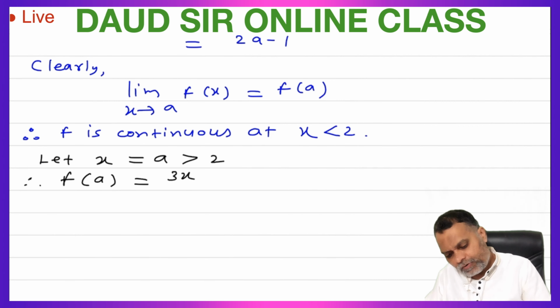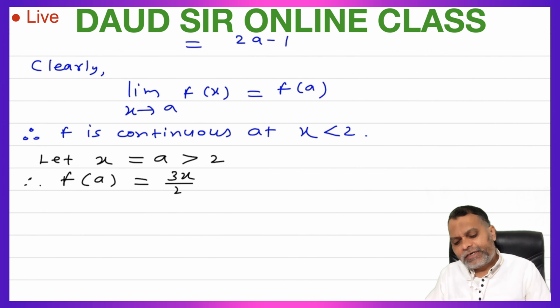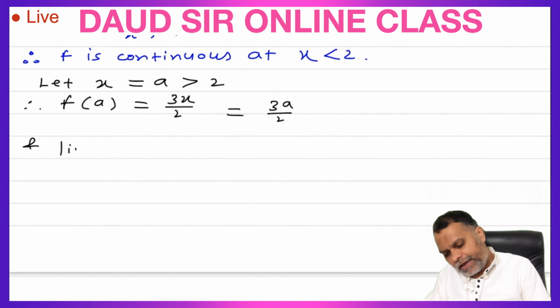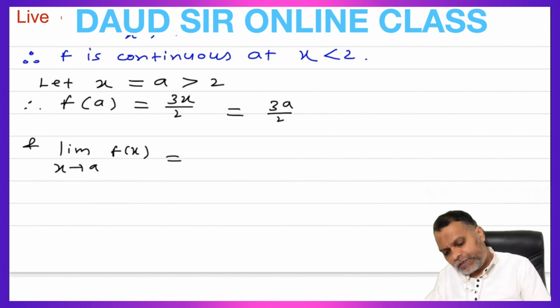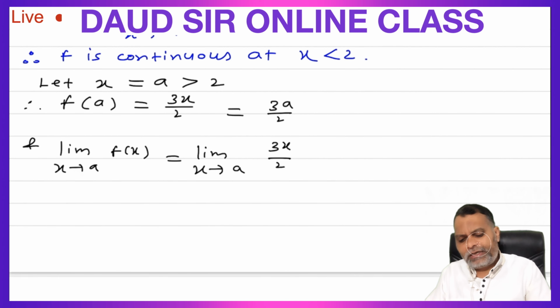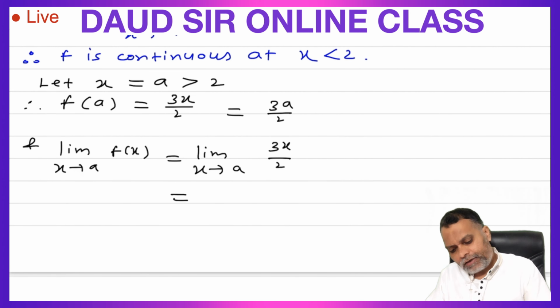As a is greater than 2, put directly x is equal to a, so this is 3a upon 2. And limit x tends to a f of x is equal to limit x tends to a of 3x upon 2. As a is greater than 2, put directly x is equal to a, so 3a upon 2.